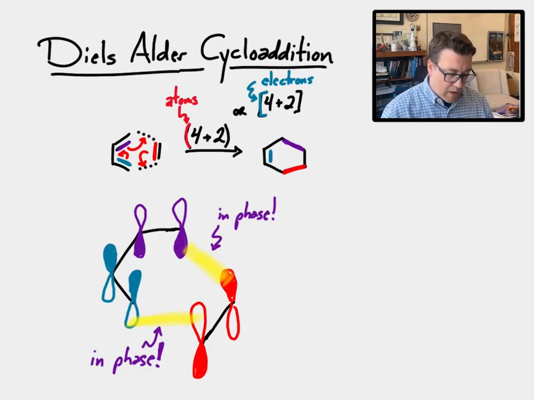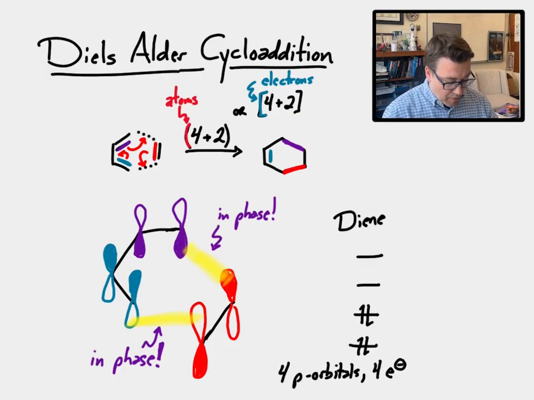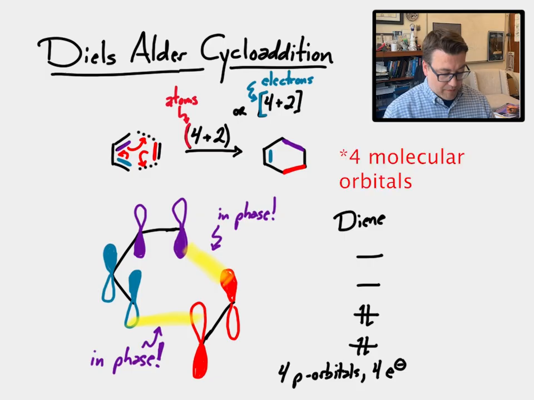And so let's look at why I drew the orbitals the way I did. So if you look at the pi energy orbital diagram, you have 4 p orbitals that went into forming this butadiene, and so you end up with 4 new pi orbitals in the pi system.